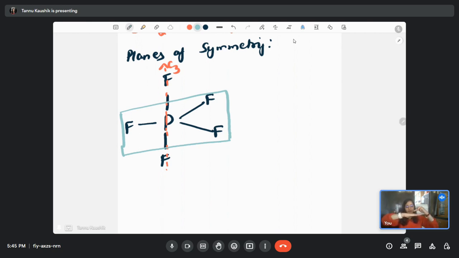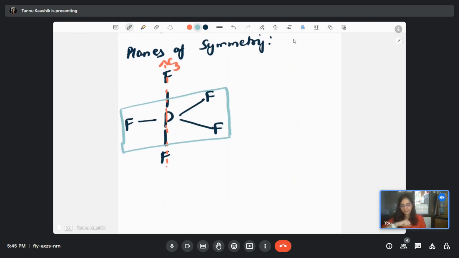So consider this as the plane here, and this has one fluorine, another fluorine, and another fluorine. So we have one fluorine above my head and one below it. So if we perform reflection along this horizontal plane, we will get a configuration like this.